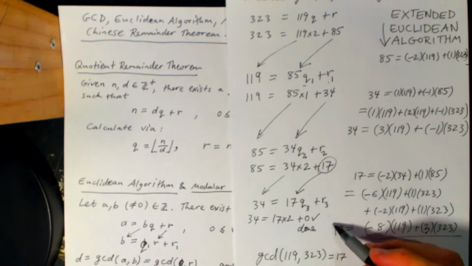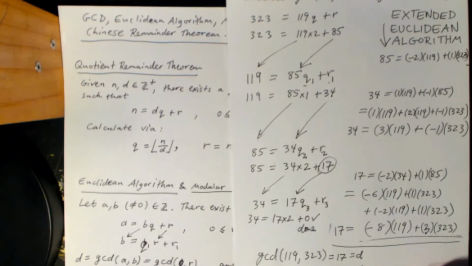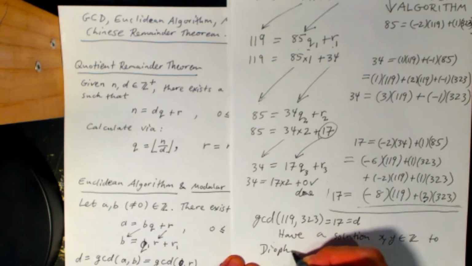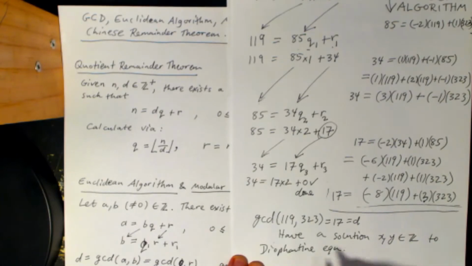Okay, now notice what we have here. If we call this D, we have a solution x, y in integers to the Diophantine equation 119x plus 323y is equal to 17.